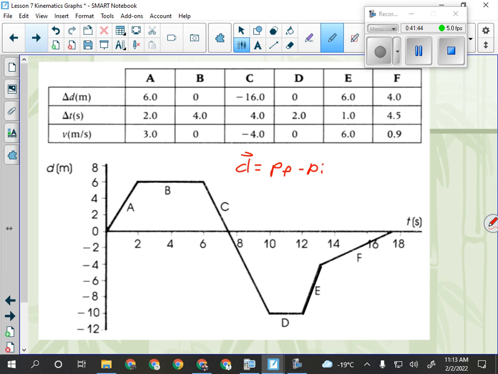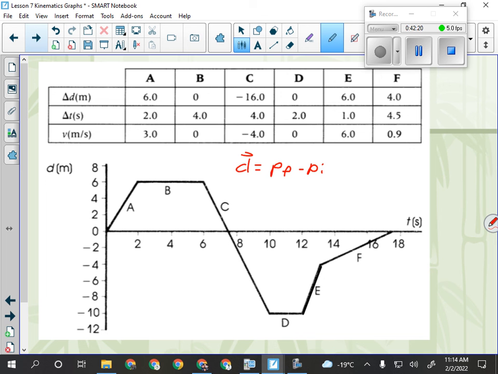I'll give you a couple minutes. Okay, who thinks they got it? Okay, what is it?